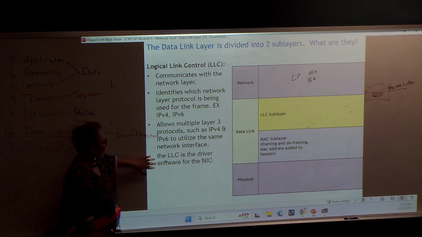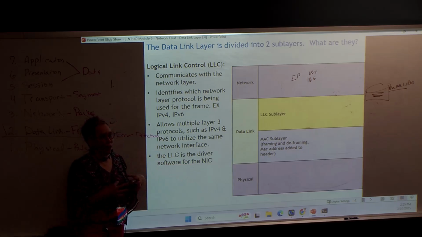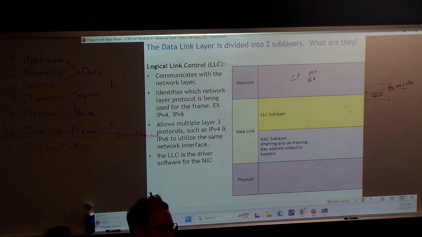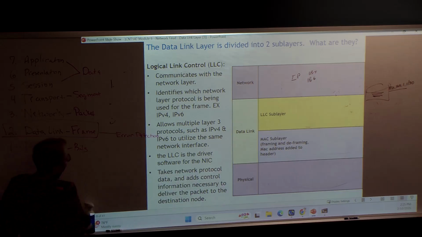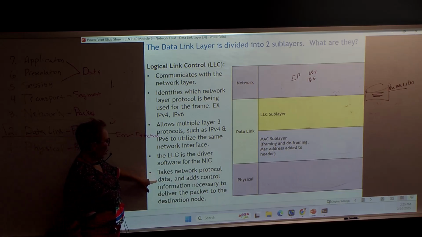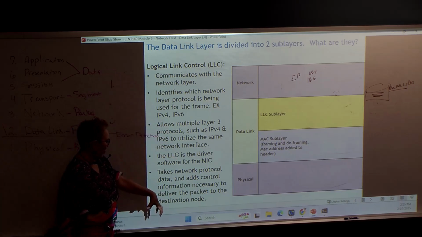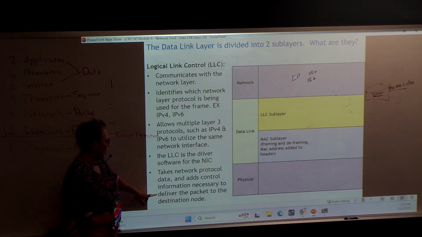The LLC is the driver. It's the software part of the network interface card. It's not the physical part. It's logical. It's the brain. It takes network protocol data, everything that's come down, and it adds control information necessary to deliver the packet to the destination.